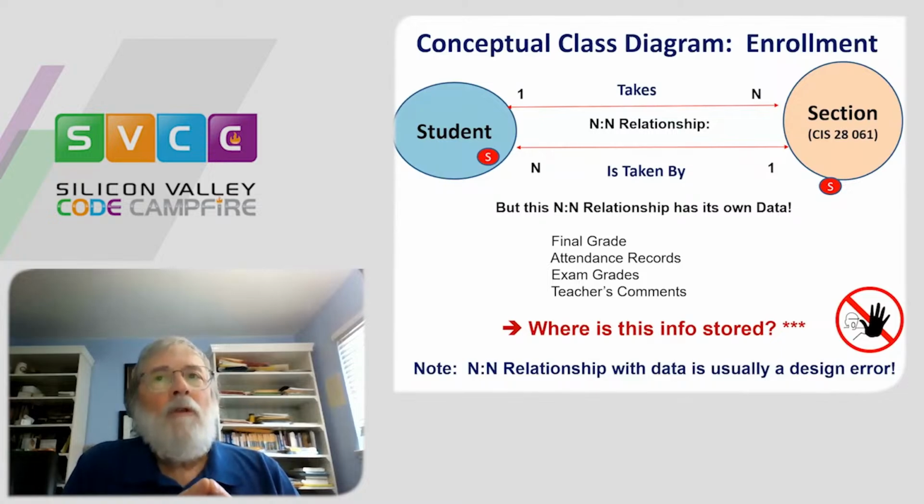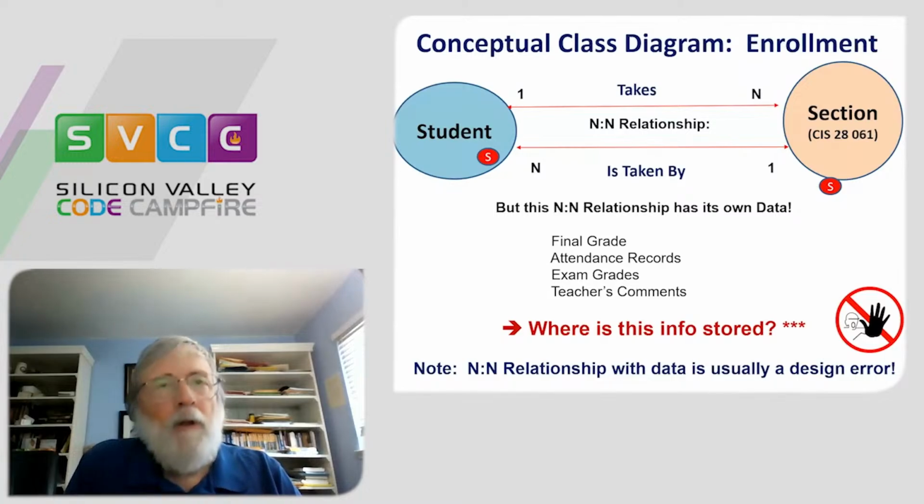And the question is, where is this info stored? If a student has pointers to a section and a section has pointers to a student, there's no place to store the data that uniquely binds that student to the section. In general, an n-to-n relationship with data associated with it is usually a design error.